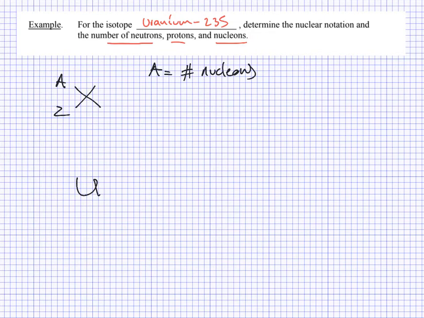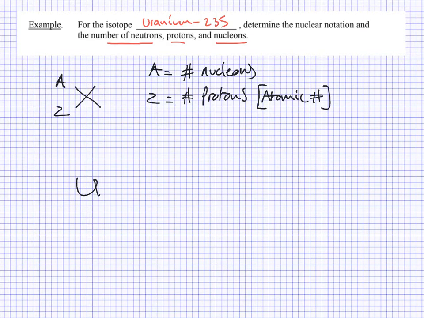And Z represents the number of charged subatomic particles inside the nucleus. So in a sense, that's going to be just protons, isn't it? So that's the number of protons. The Z number here is the atomic number.